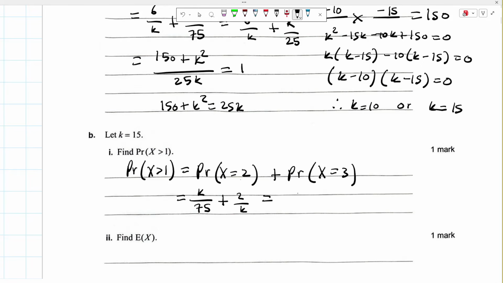Now, remember, k is 15. So we get 15 over 75 plus 2 over 15. Now, 15 over 75, you can simplify that to 1 over 5. Right, let me just double check that for a second.